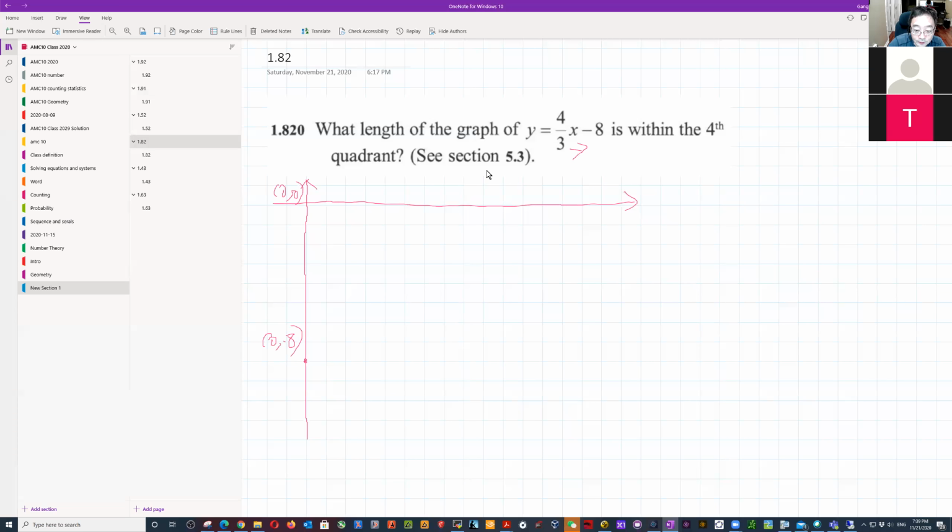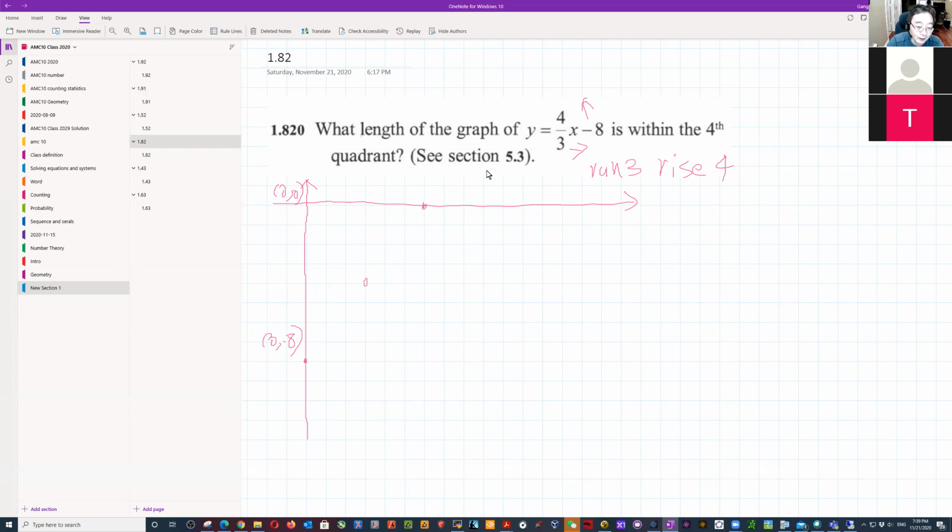This is the run, this is the rise. So it's run 3 and rise 4. So I go 1, 2, 3, rise 4: 1, 2, 3, 4. So that's the point. And run 3, rise 4 again: 1, 2, 3, 1, 2, 3, 4. So I actually got those 2 points.